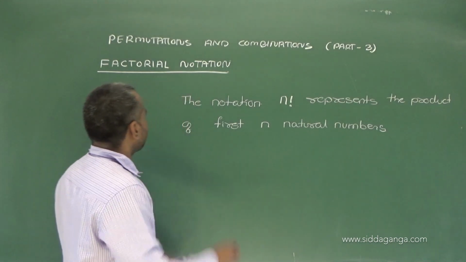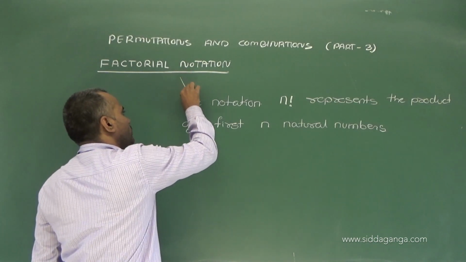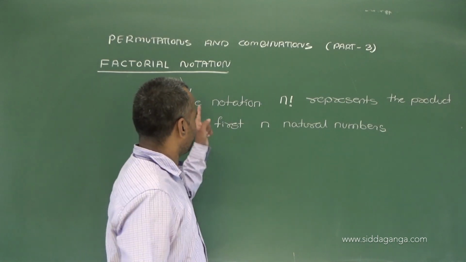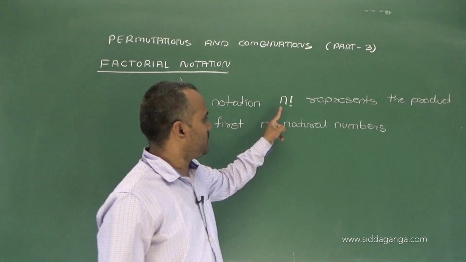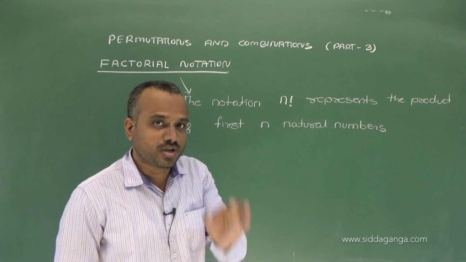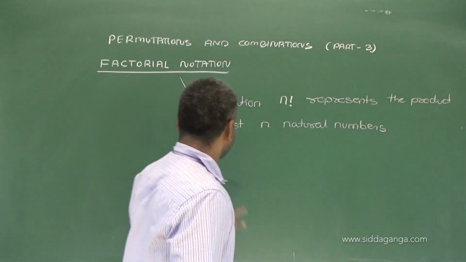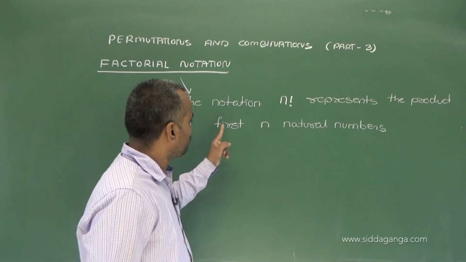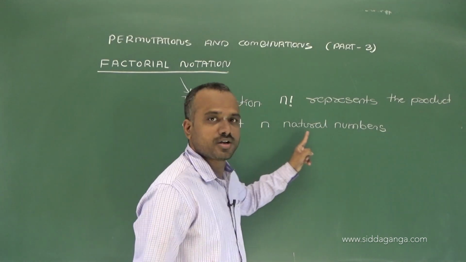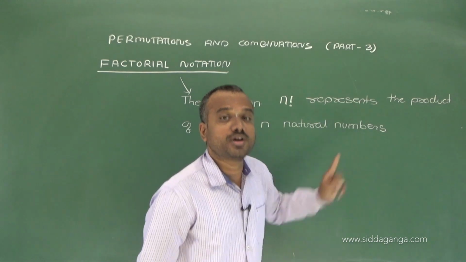This is the definition of factorial. The notation n factorial represents the product of what? The first n natural numbers.